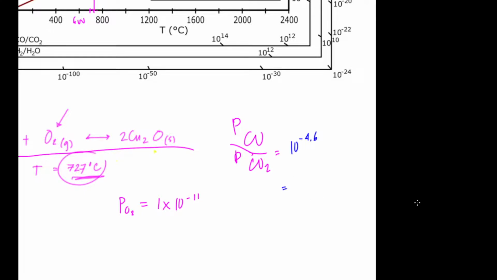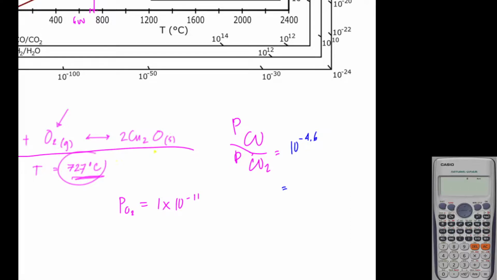And if we evaluate that, let's use our calculators. So, we do 10 raised to the power of negative 4.6.